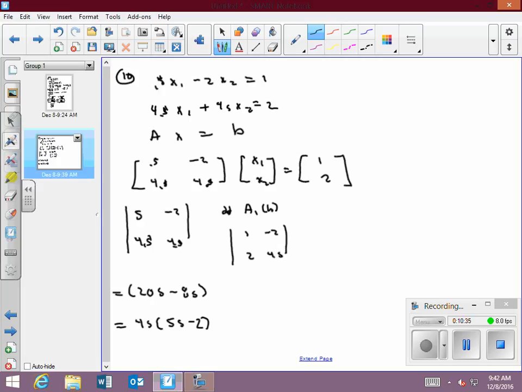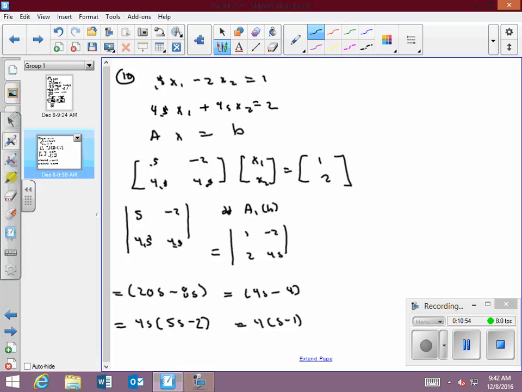The determinant of that is 4s minus 4, so that's 4 times s minus 1.